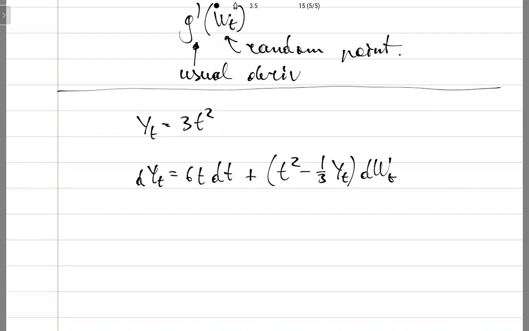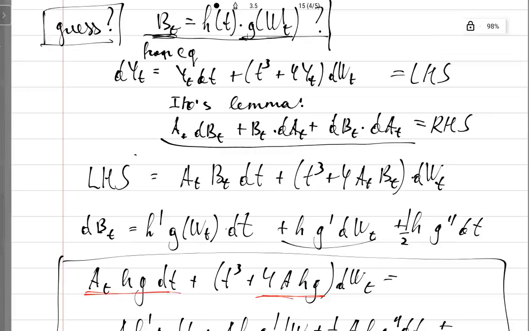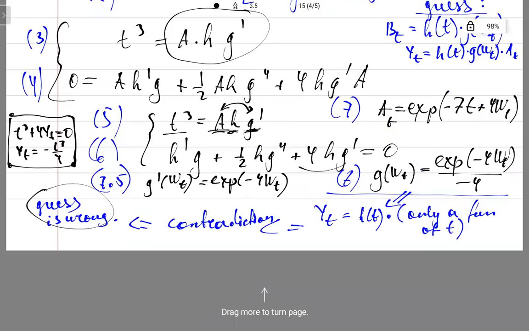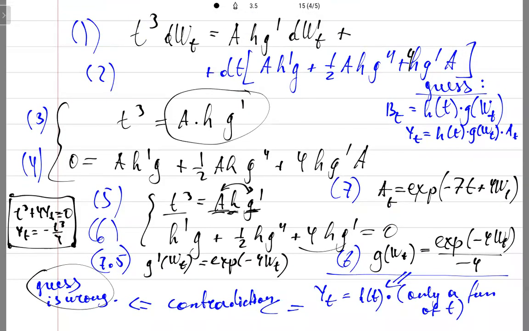Obviously, that's a solution. But your last effort to save the wrong guess fails. So basically, you're right. We need to check whether maybe the term before dwt is 0.